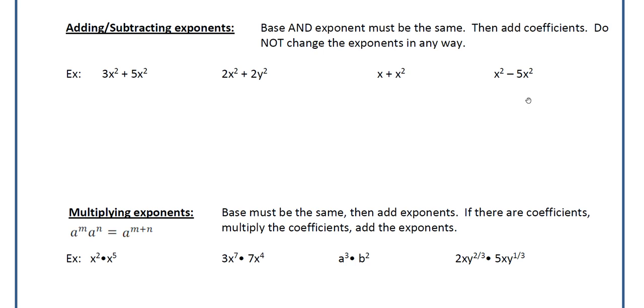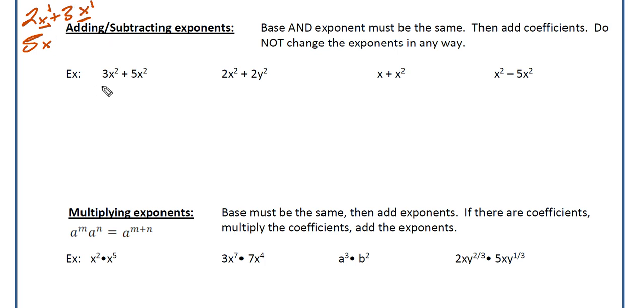When we combine 2x plus 3x, we get 5x, right? And the reason why we can do that is the base is the same and the power is the same. So we don't think about that when we combine it, but this is true.